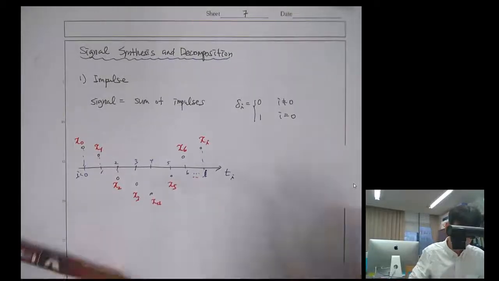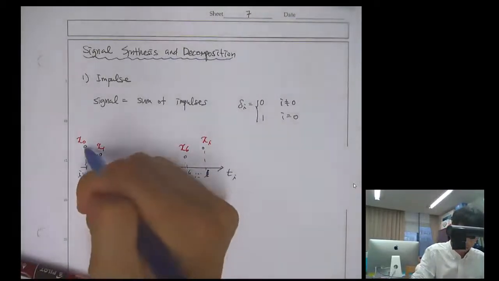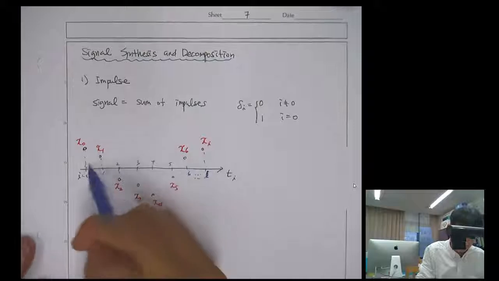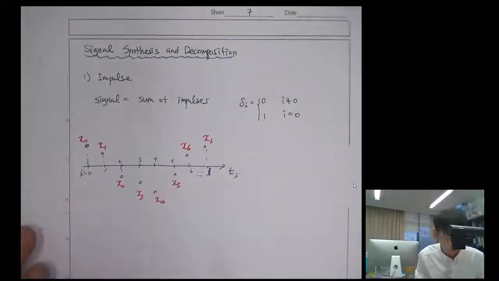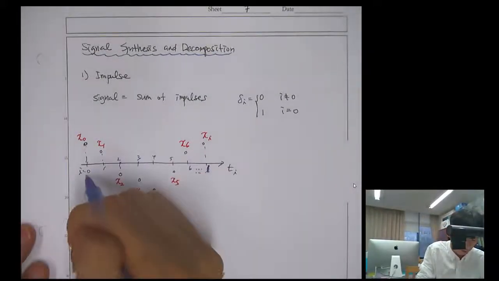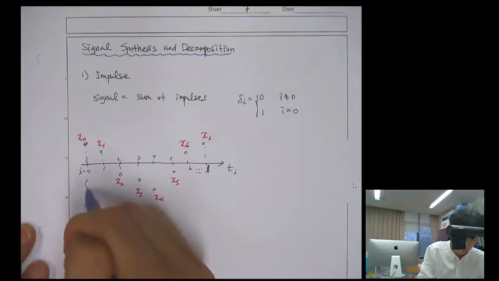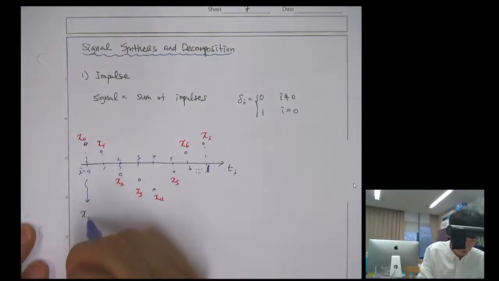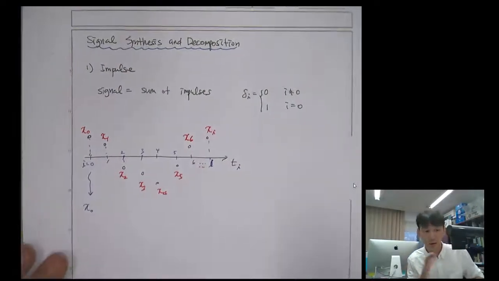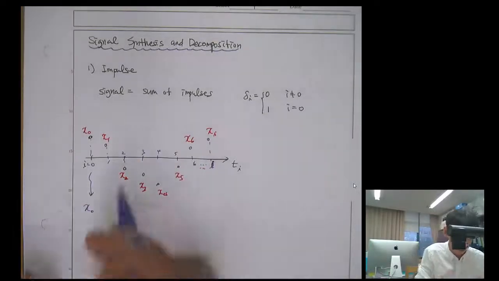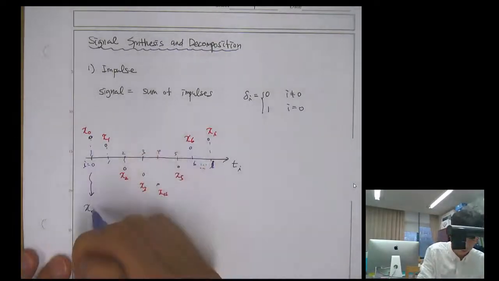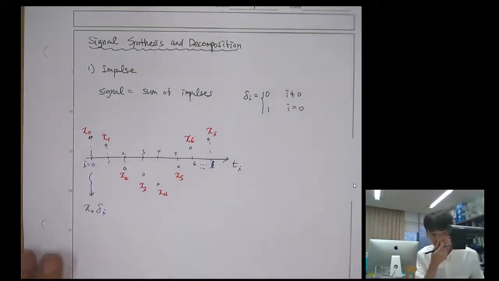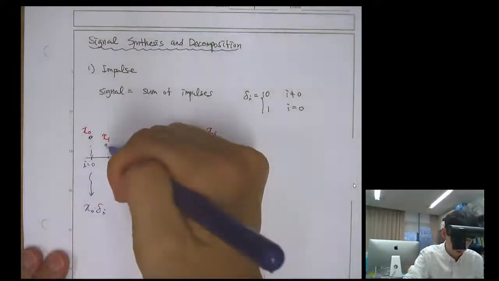Then this one, when I is 0, is expressed as x0. So x0 is the scalar. X0 is just a number to express the amplitude. X0 times delta I. Then what about this one?